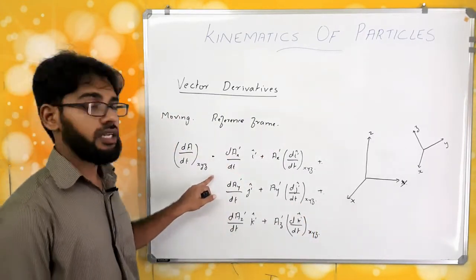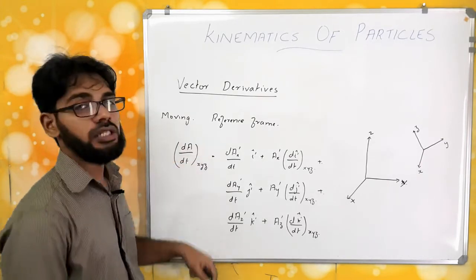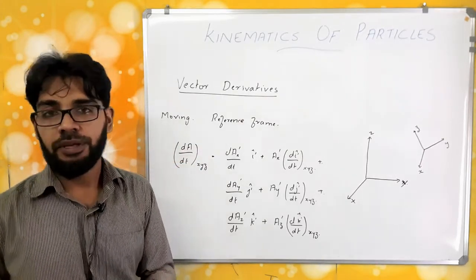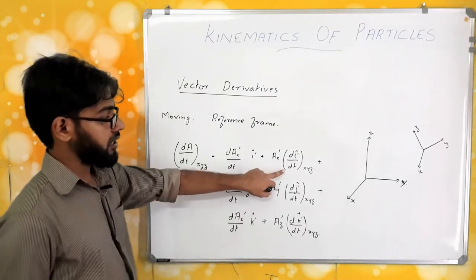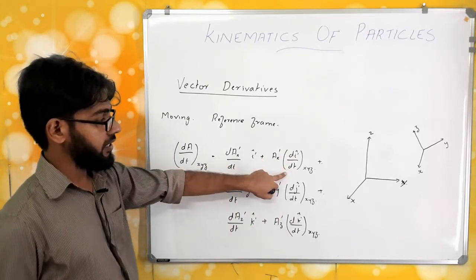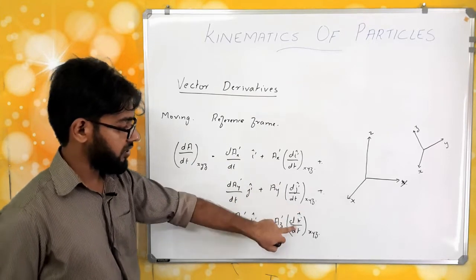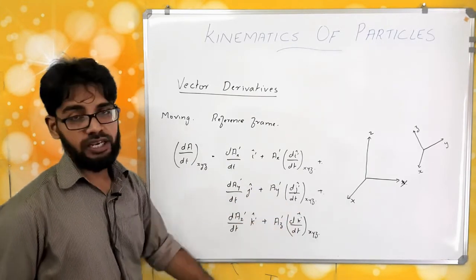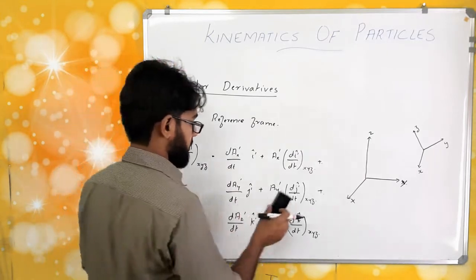Now, this is the corresponding derivative of the vector in terms of the moving reference frame. Here we have the terms di dash by dt, dj dash by dt, dk dash by dt, in small xyz. If I rewrite these terms, I will get the following.